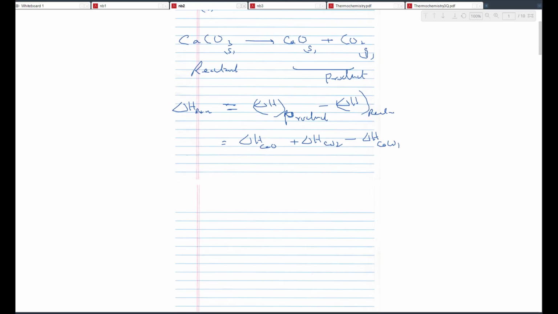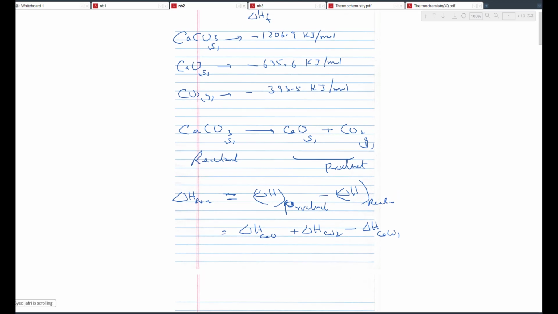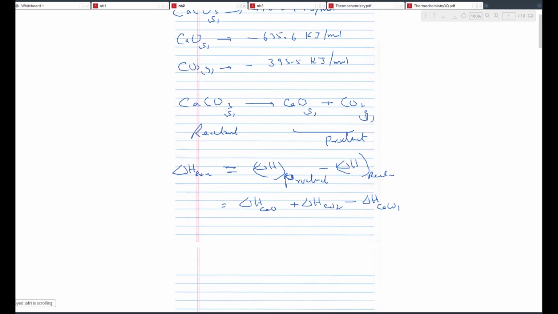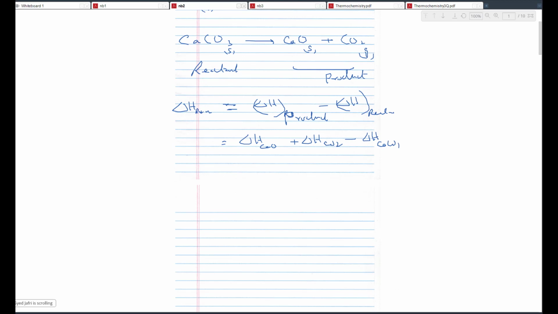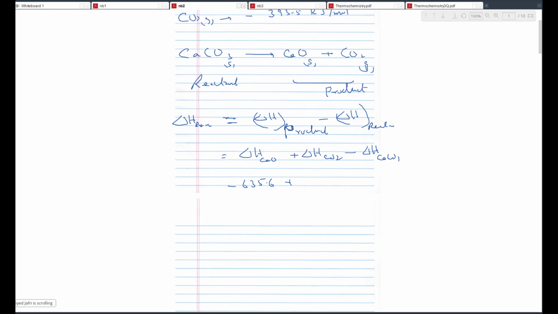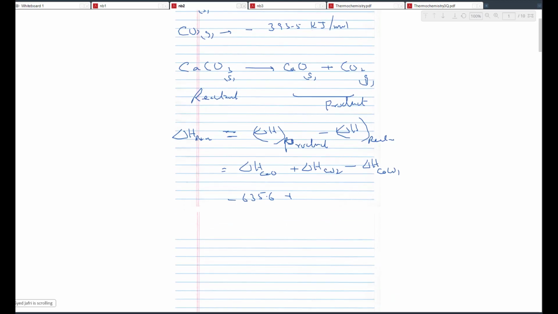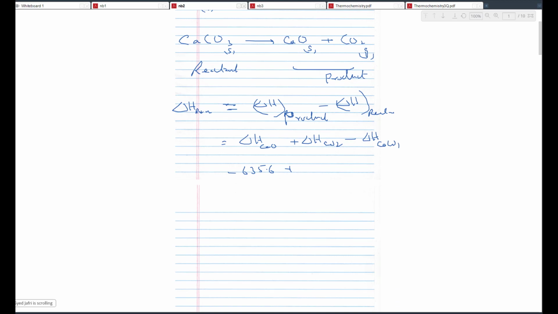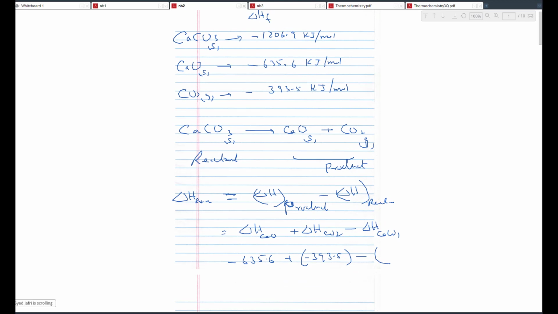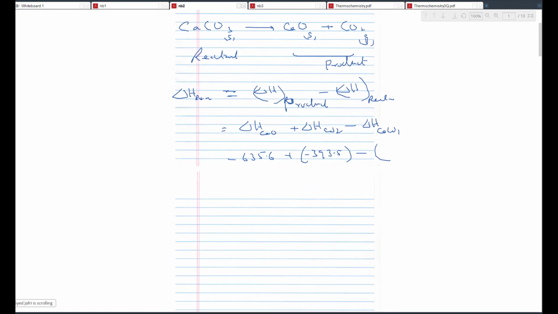I'm going to plug in the values. Calcium oxide is minus 635.6. Carbon dioxide is minus 393.5. And calcium carbonate is minus 1206.9.